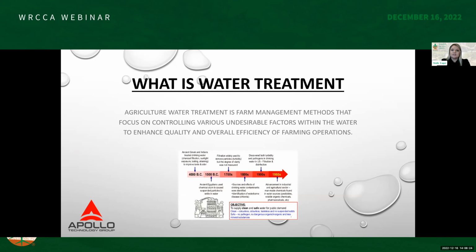Agriculture water treatment is farm management methods that focus on controlling various undesirable factors within the water to enhance quality and overall efficiency of farming operations. So if you look at the image below, water treatment isn't anything new. I mean, 4000 BC, the Indians and ancient Greeks were using charcoal filters to purify their water. Moving on up into the 1900s, that's when industrial and agriculture water treatment really took off by using man-made chemicals.